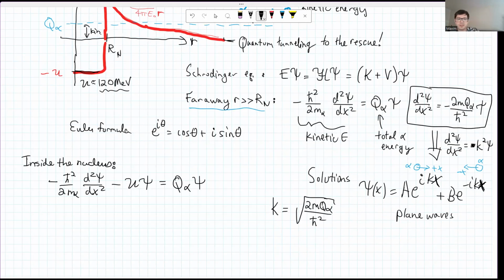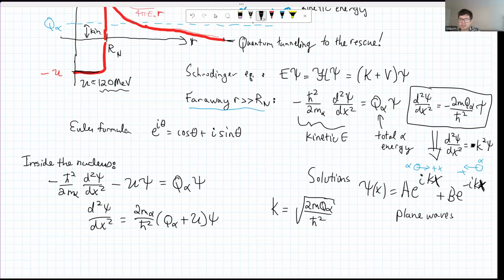So inside you also get these plane wave solutions, but with a different k, right? So you can rearrange this, and this becomes 2m alpha over h bar squared, and you just get q alpha plus u psi.